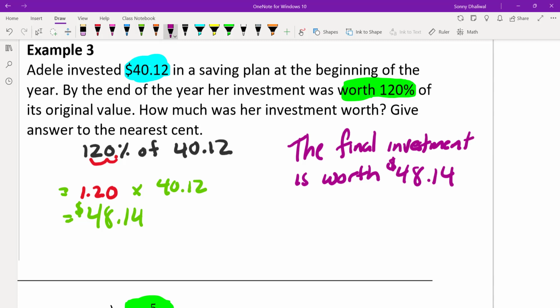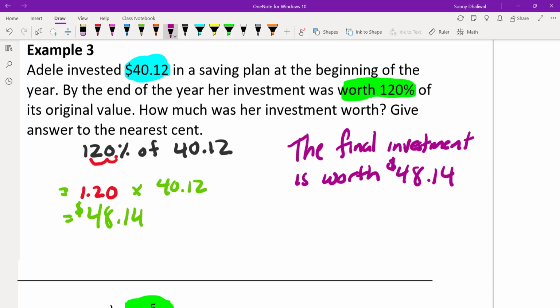Now, these kinds of questions could be slightly reworded as well. It could say, hey, how much money did she make in the year? So if I ask you that question, with the exact same information, what would you do? You subtract.